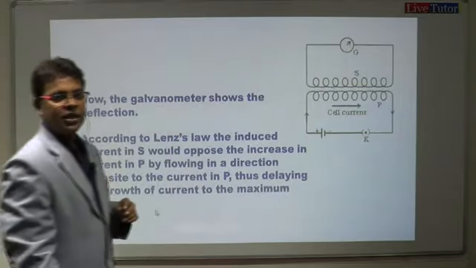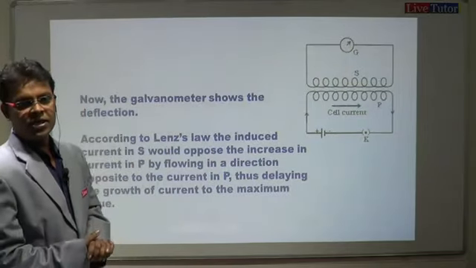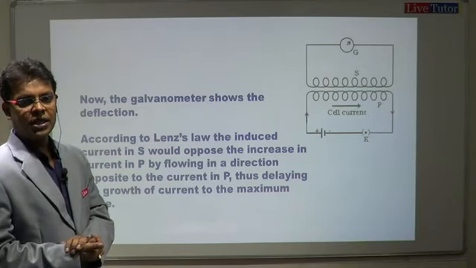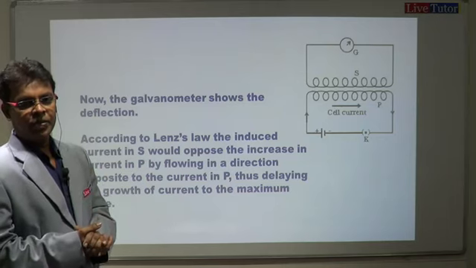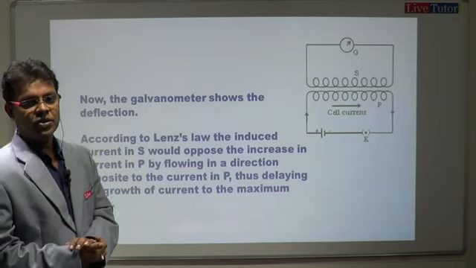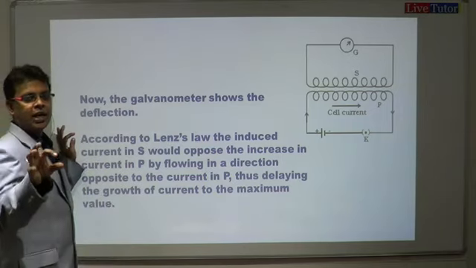Now similarly, as per Lenz's law, we know that the current in the secondary coil would oppose the increase in the current by flowing in the direction opposite to the current in the primary coil, thus delaying the growth of the current to the maximum value.